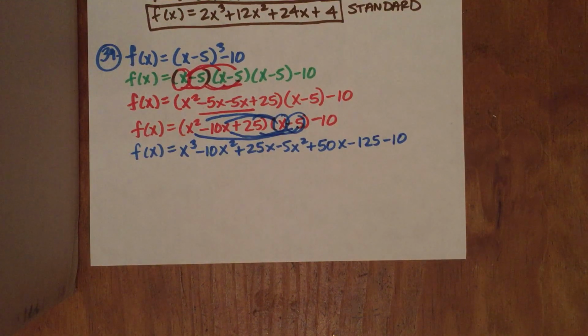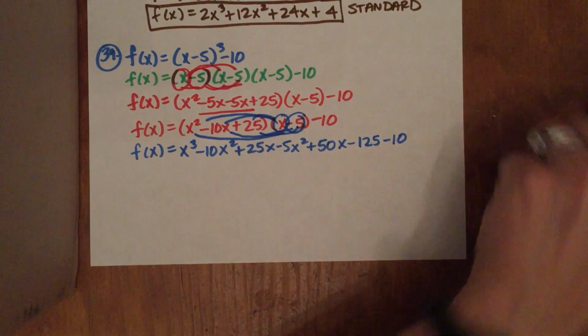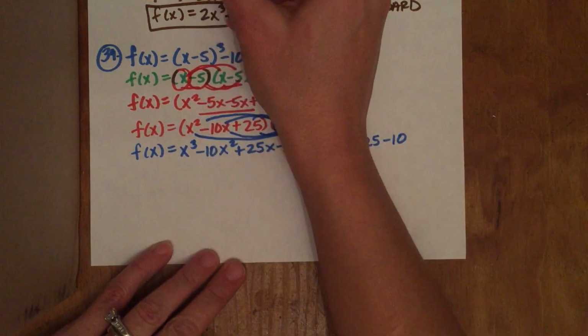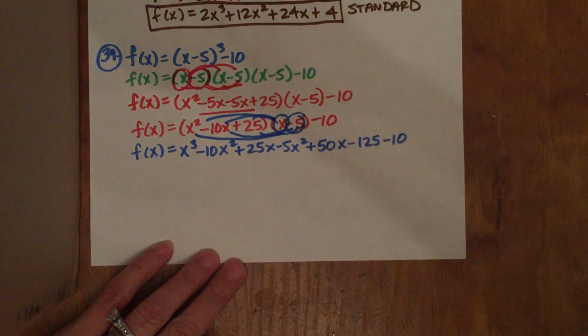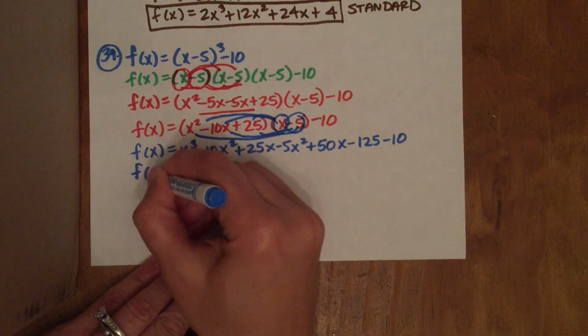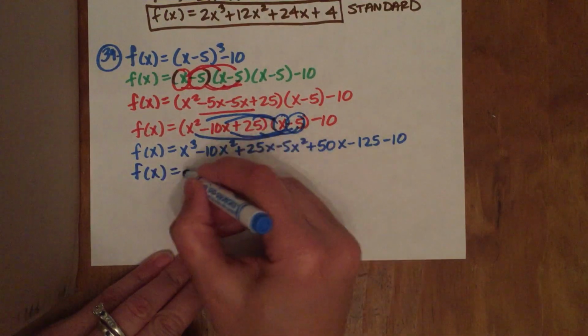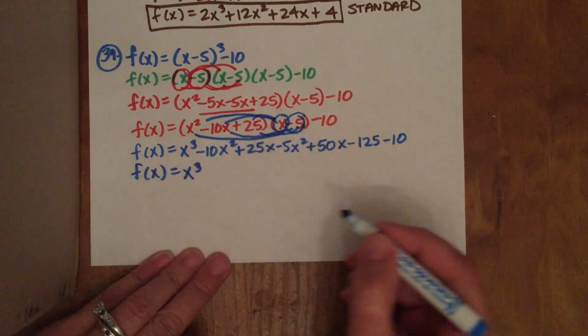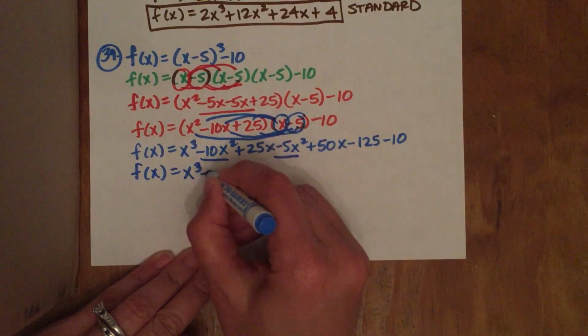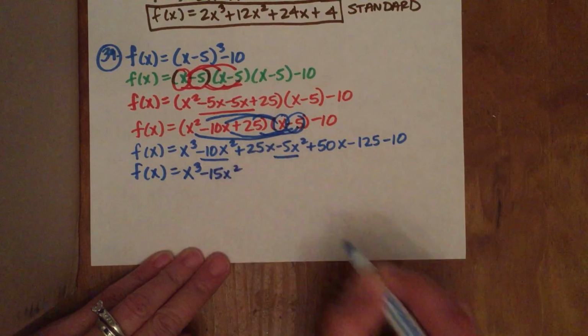So all we have to do now is combine the like terms. I don't have to do a distribution. All I have to do is like terms. So like terms here, I have f of x equals x cubed. And let's look at my x squared terms. I have negative 10x squared and negative 5x squared. That gives me negative 15x squared.